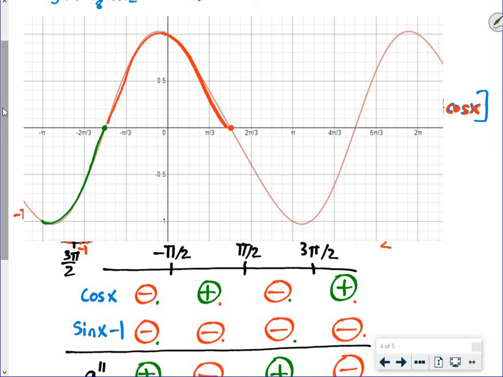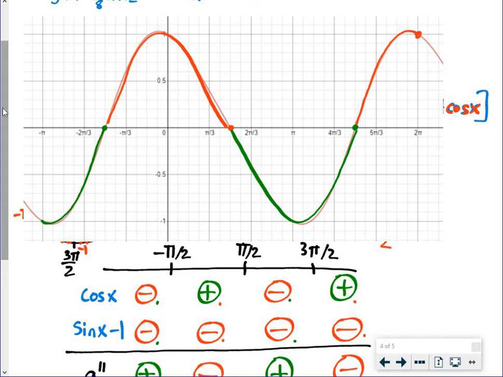And then to 3 pi over 2, which happens here, we're concave up, and then from 3 pi over 2 to 2 pi, we're concave down.